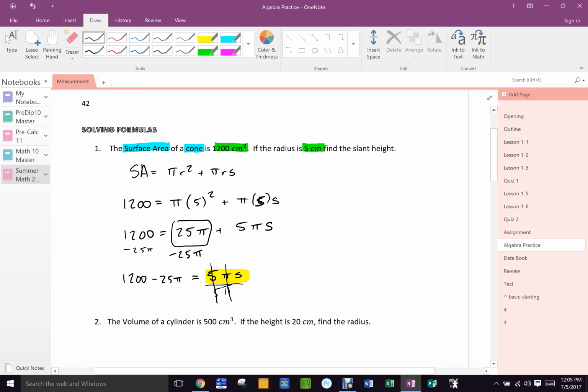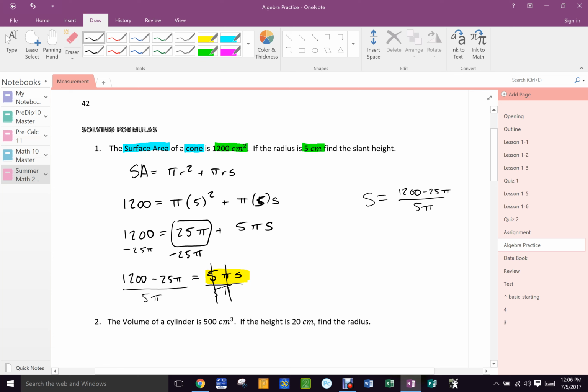Leaves me with s by itself, which is what I want, correct? So since I divided this side by 5 and pi, I got to divide this side by 5 and pi, don't I? So s is going to equal 1,200 minus 25 pi over 5 pi.